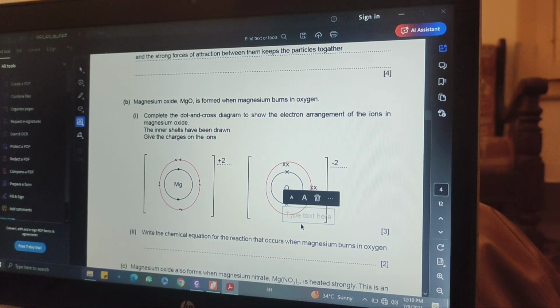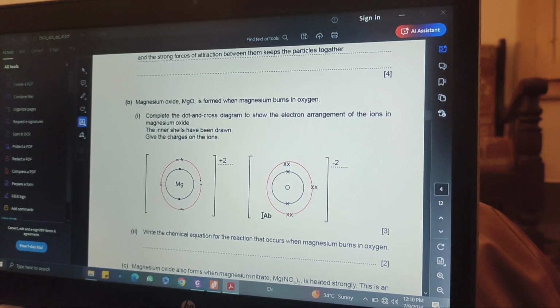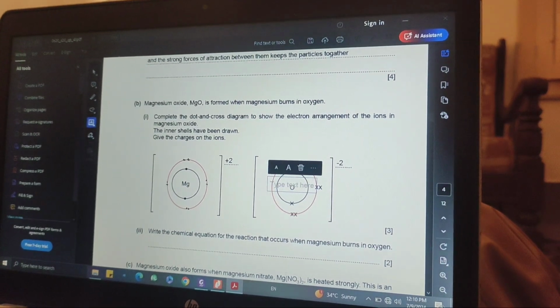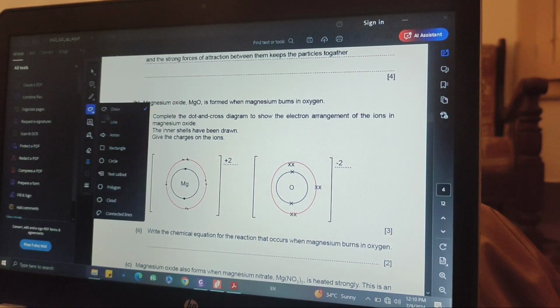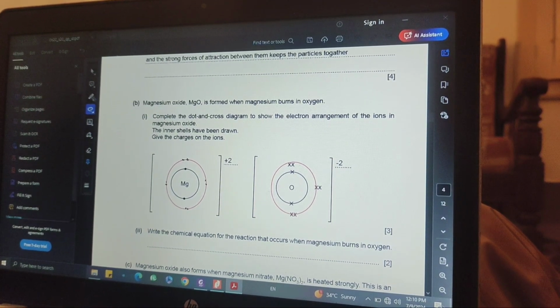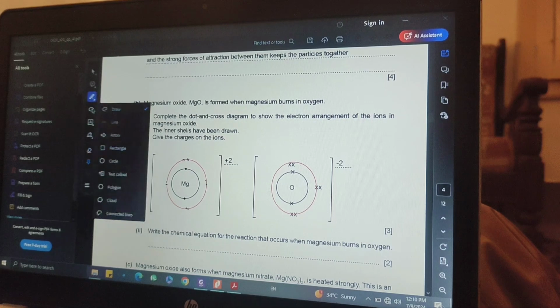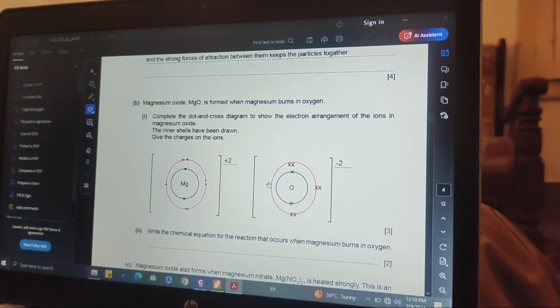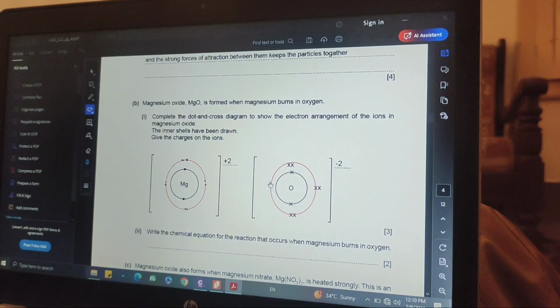And then the 2 electrons the oxygen has gained from the magnesium atom will be dots here, not crosses, as these two are not its own electrons but electrons gained from the magnesium atom.